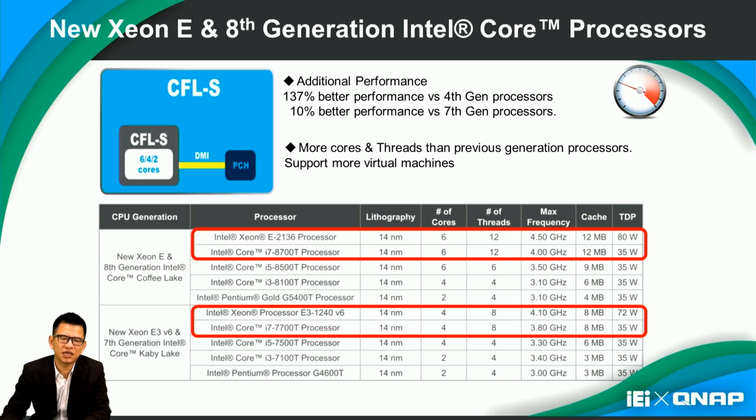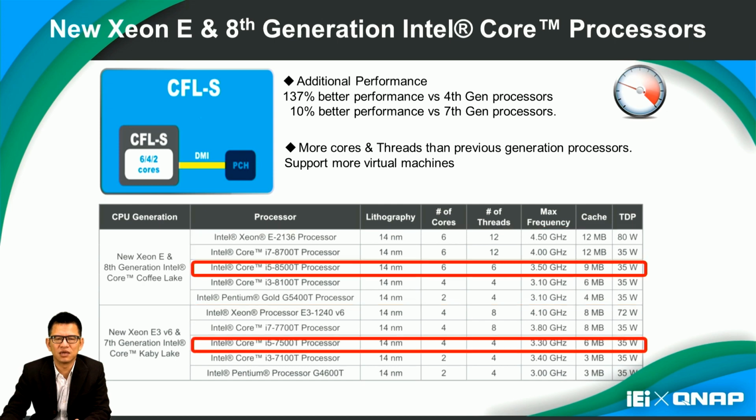For the Xeon E, the core number is 6, but for the Xeon E3 Kaby Lake CPU, the core number is only 4. So the core number is increased from 4 to 6. This is for the Xeon E.